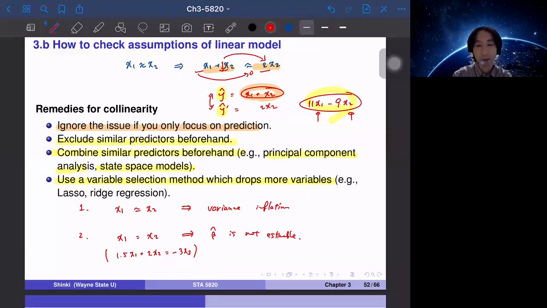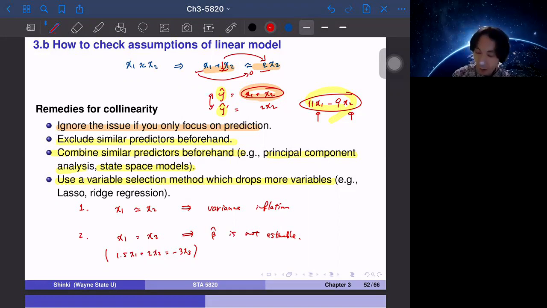X1 is an indicator for the basement, so whether the house has a basement or not. And X2 indicates whether the house has a sump pump. Suppose all houses with a basement have a sump pump, then X1 and X2 become exactly the same variable. In such a case, you have to drop one variable.